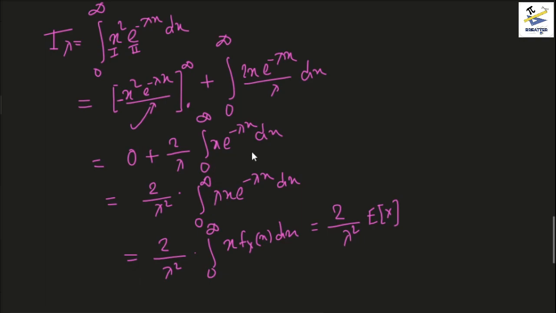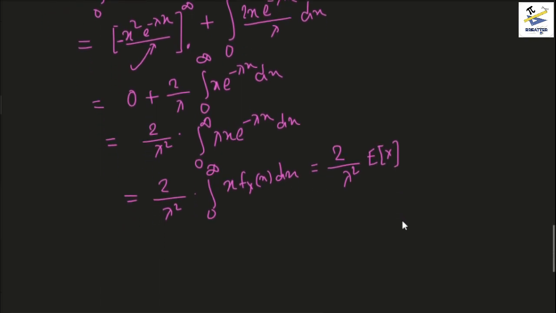And what you see here is actually reminiscent of what we did in the last lecture about expectation. And you see, if you have an extra lambda here, you can easily write this as the expectation of x, right? Now carrying forward from this step, expectation of x was basically 1 by lambda, so this integral is equal to 2 by lambda cube.